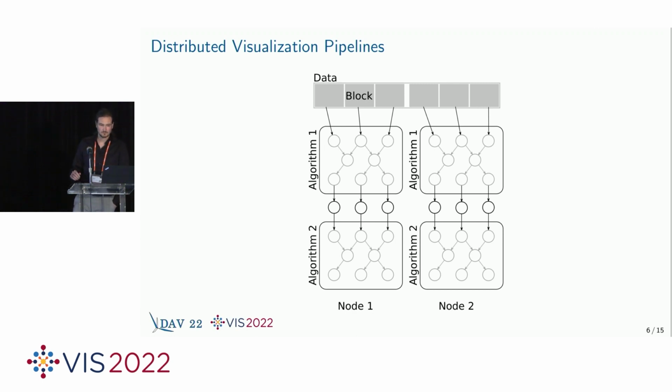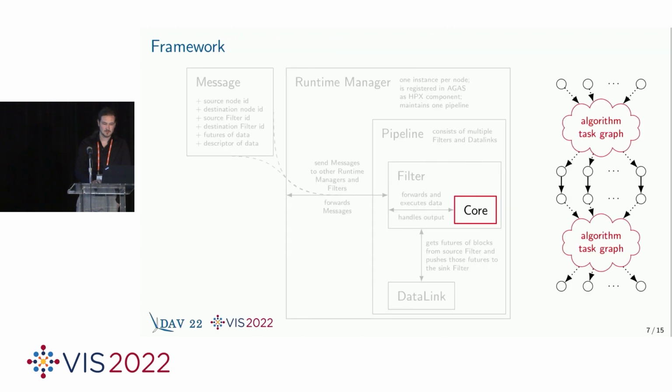With this more theoretical foundation out of the way, let's briefly talk a little bit about the implementation and the structure of the framework, which basically consists of 6 components. The first component is the core.